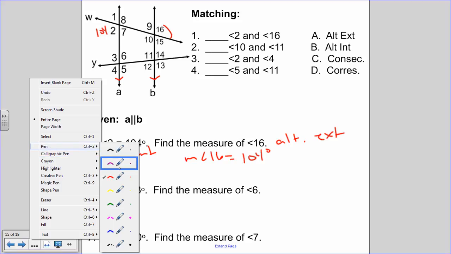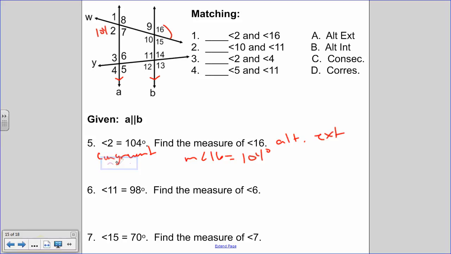All right. Now I'm going to look at angle 11, which is 98, and angle 6. Now, A is still parallel with B, so both 6 and 11 are interior, and they're on the same side of Y, so that means they're consecutive.